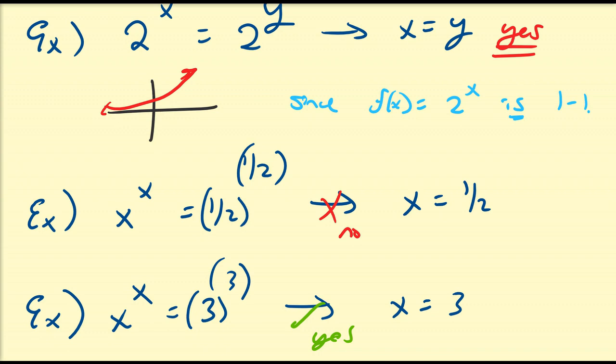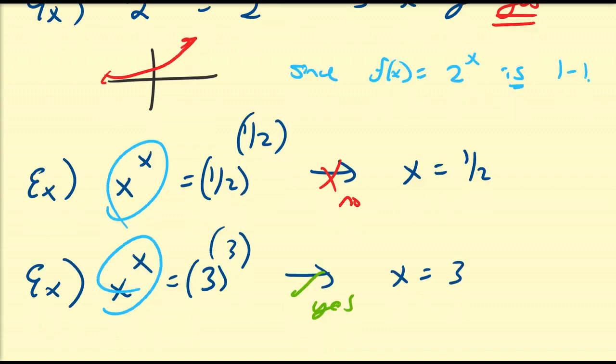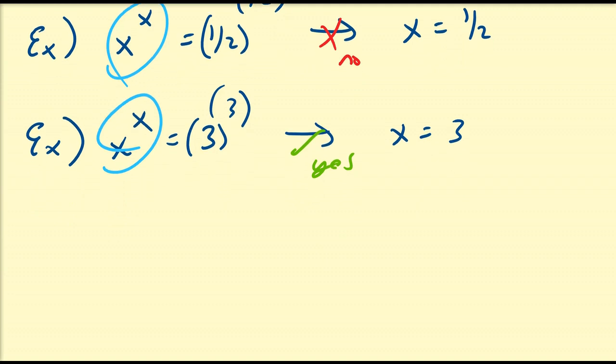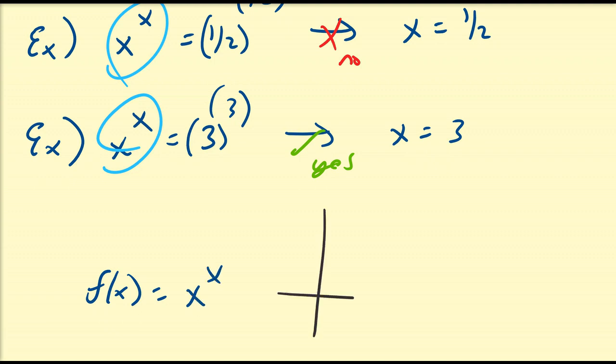Now, how come we have the same exact function, but a conditional case for when we can use this? If you actually look at the graph for f of x equals x to the x, which we'll look into later, you have a very interesting type of shape.